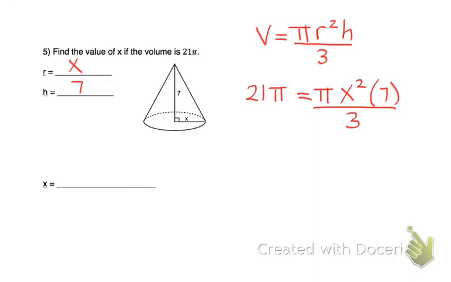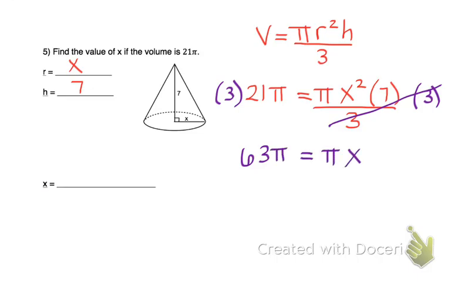Alright, well first I need to get rid of that 3 in the denominator, so I need to multiply both sides by 3 to cancel the 3. So those cancel. 21 pi times 3 is 63 pi. So 63 pi is equal to pi x squared times 7.